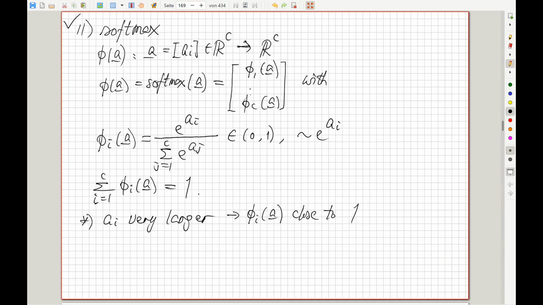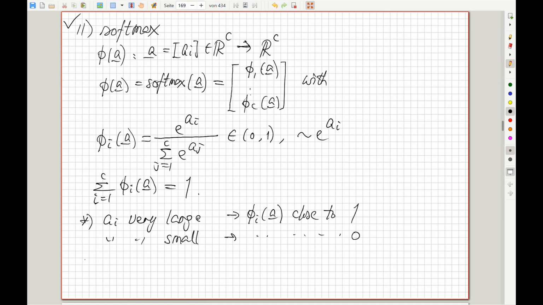We are almost sure that the input image contains a cat, something like that. And if Ai is very small, much, much smaller than the others, then you know the output is close to 0.